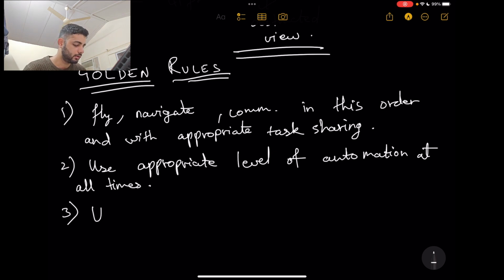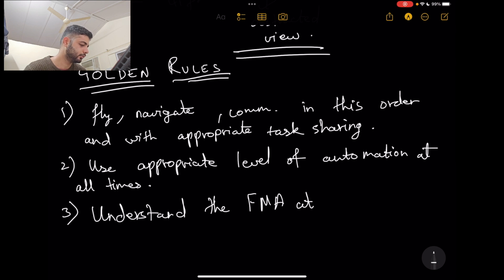Okay, now the third one is understand the FMA at all times. So whatever automation I have been doing, your flight mode annunciator is going to be telling, he'll be announcing, okay, these things is what the automation is doing.